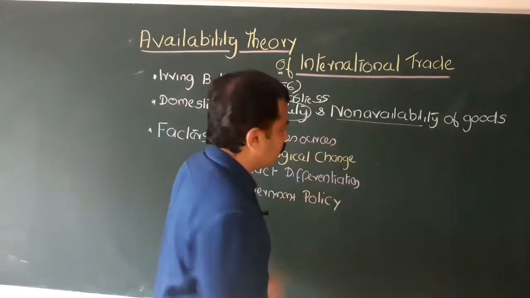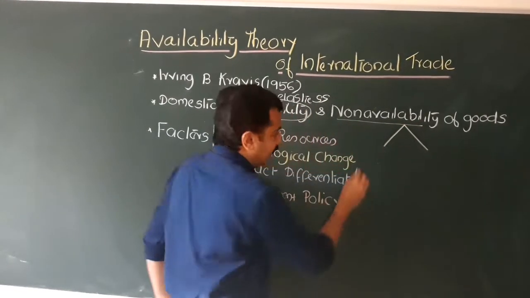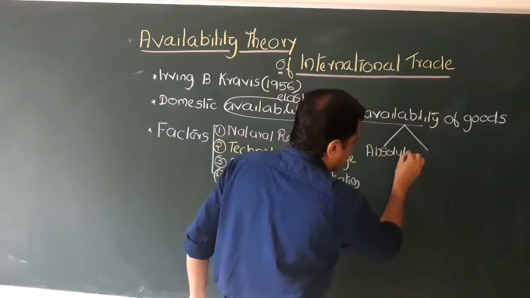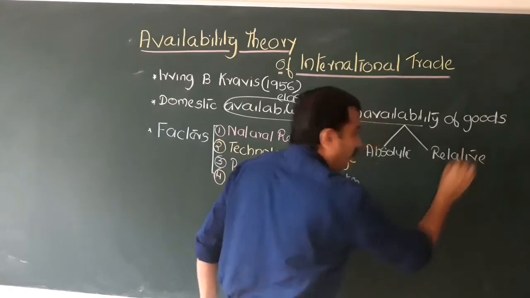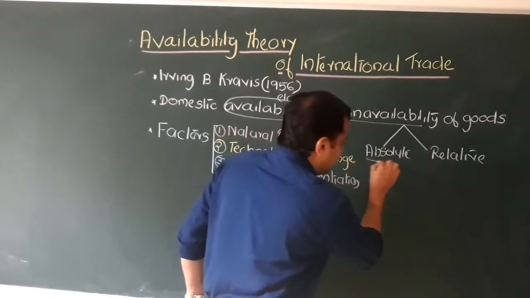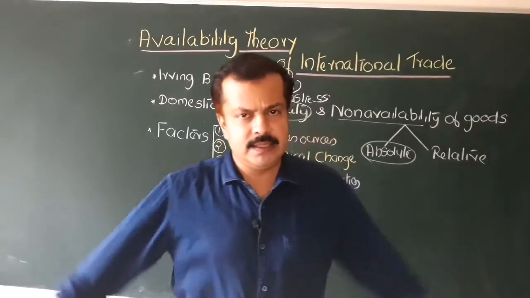And Kravis pointed out that even this non-availability can be defined in two ways, absolute as well as relative. There are two concepts or two definitions of non-availability according to the availability approach. Absolute non-availability means that the particular commodity is not at all available in the country.